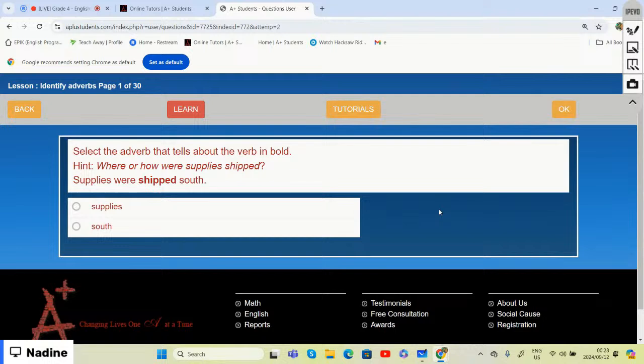How or where was it shipped? Is it option 1, supplies, or option 2, south? South or supplies? Which one is correct?